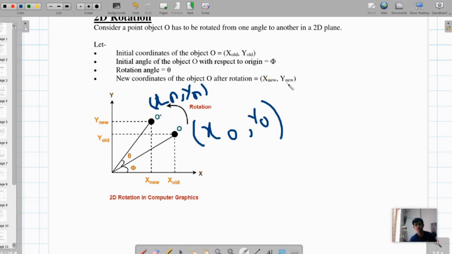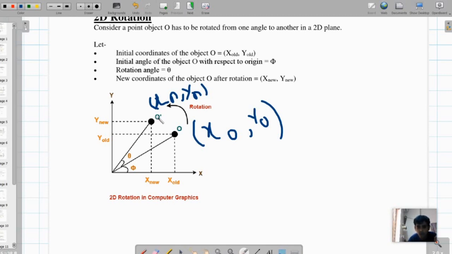Now I would like to ask you one question. Observe this diagram. After rotation, what angle is this new point O dash making with the x-axis? Write down the answer into the chat box. I repeat the question once again. After rotation, you get a point O dash.